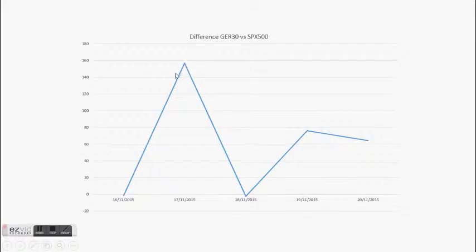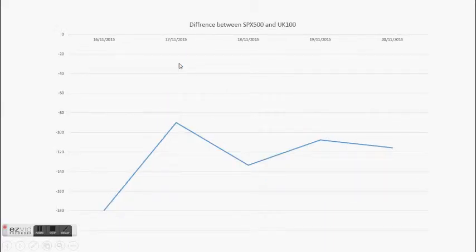The German 30 was above here at the end of Tuesday, but the UK 100 was below both of them. So this arguably shows you as the best buy, and that led to a strong rally between the 16th and the 17th, because it was a good buy and everything.